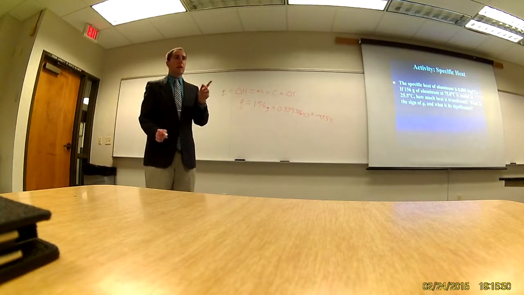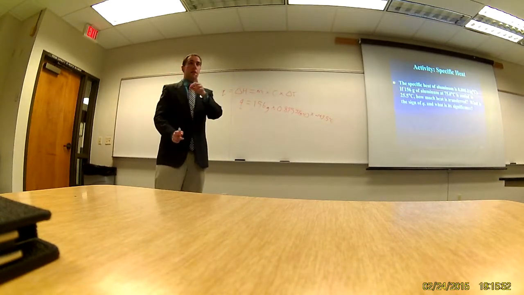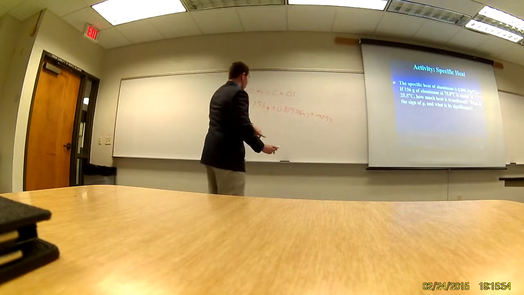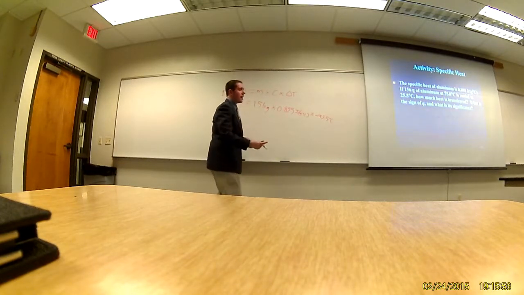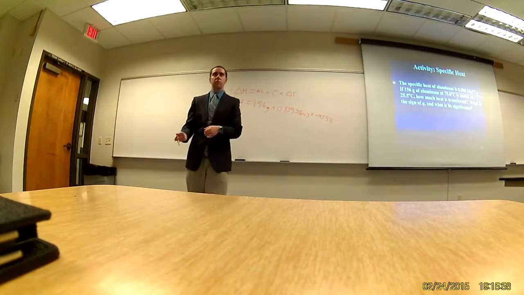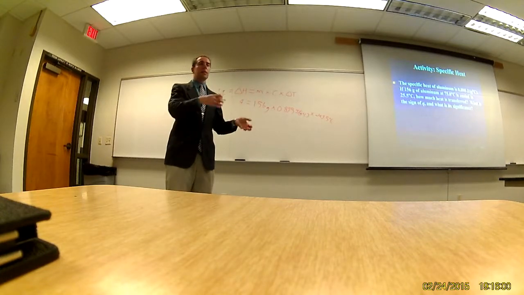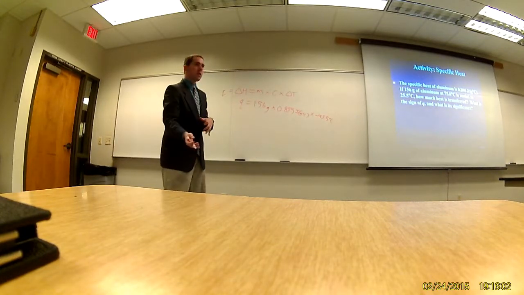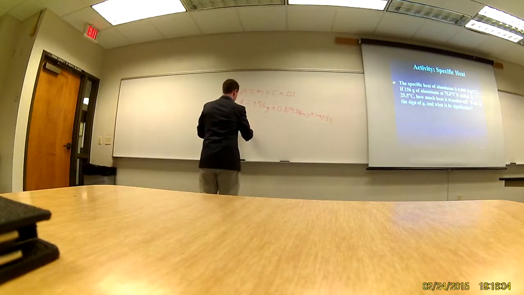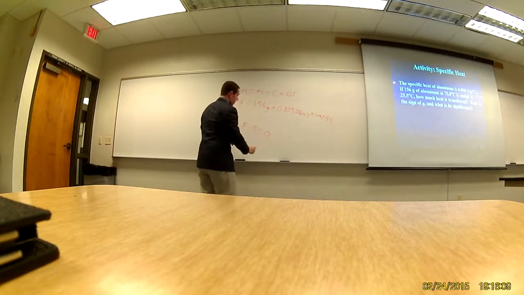It's cooling, reducing temperature. It's cooling, so the temperature is going down, right? We can take our final minus our initial is our change. Final minus initial equals our change.